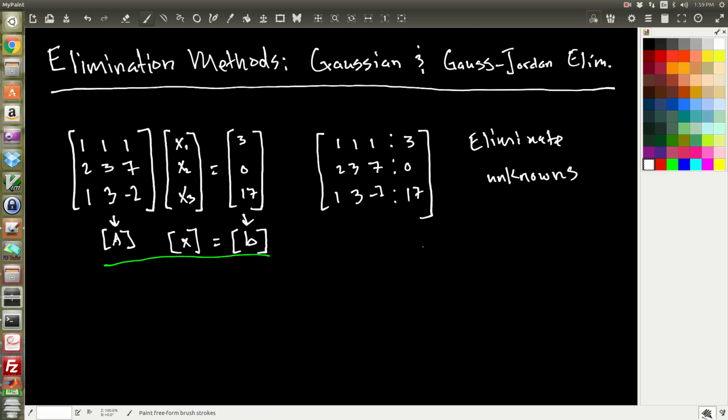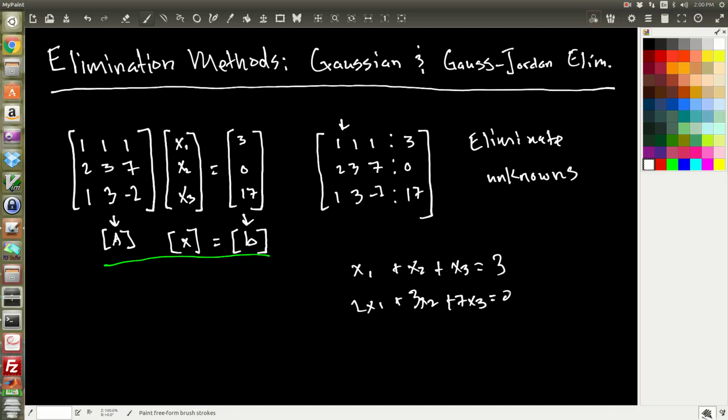If I had these three equations in equation form, it might look like this. The first row corresponds to x1 plus x2 plus x3 equals 3. The second equation is 2x1 plus 3x2 plus 7x3 is equal to 0.